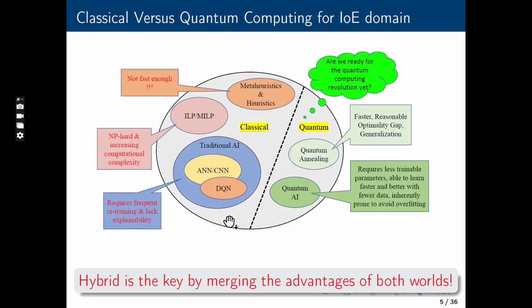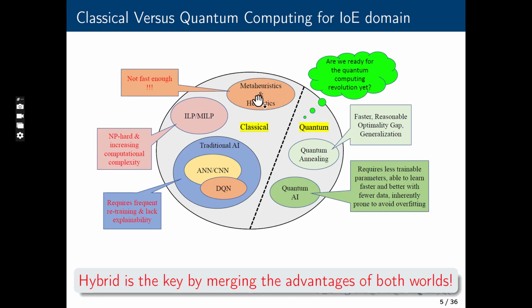In this slide, I will draw a very brief comparison of classical versus quantum computing paradigms to solve optimization problems. Traditionally, in the classical computing paradigm, these problems are approached with traditional mathematical programming frameworks, such as integer linear programming and mixed integer linear programming. However, those are usually NP hard, and the computational complexity grows exponentially with the problem size, so not quite scalable.